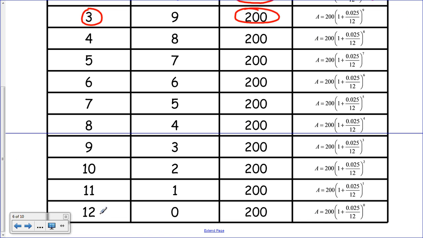At the end of the 12th month, you don't deposit anything, so that money's not going to make you anything. But the 11th payment is only in there for 1 month. So this last part here tells you how much money you got on that last $200. So you can treat it as being 12 separate compound interest questions.